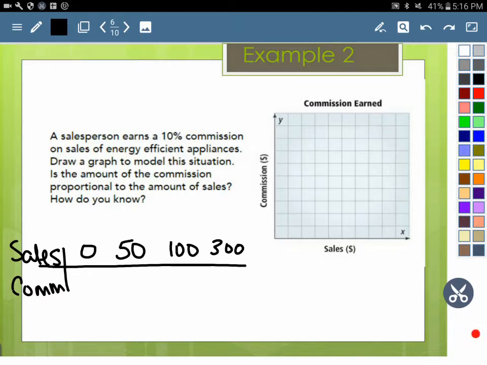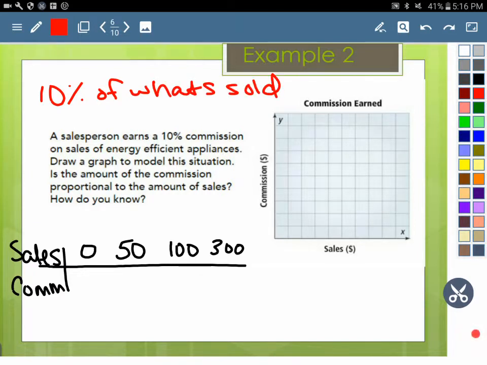Well, in order to figure out commission, let's see what mathematical operation we have to do. It says they earn 10% commission on sales of energy efficient appliances. Well, that means we're going to need to find 10% of what we sell. Let's actually write that down: 10% of what's sold. How do we translate that into mathematical symbols?